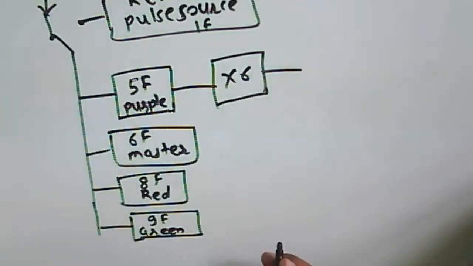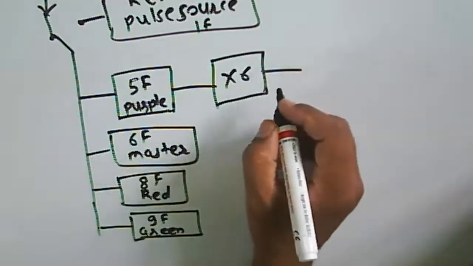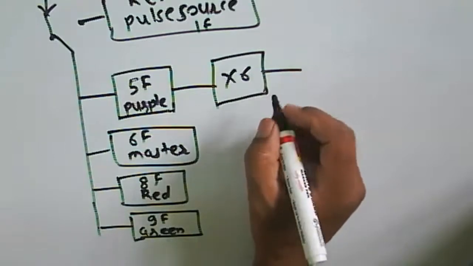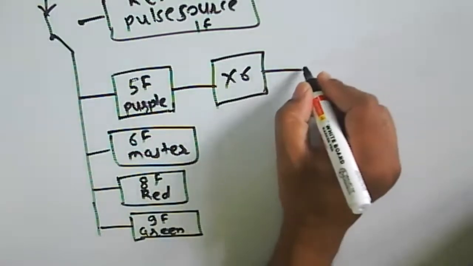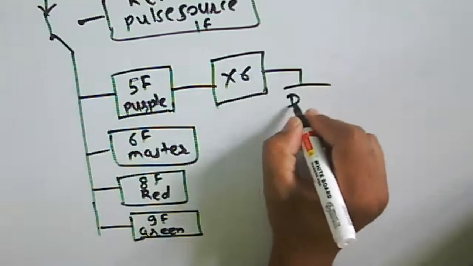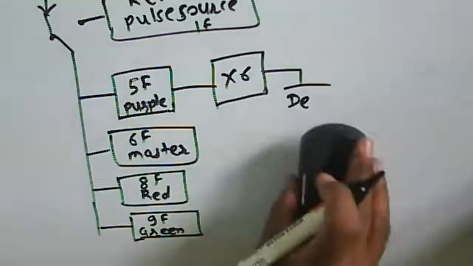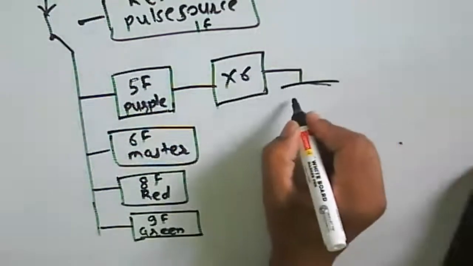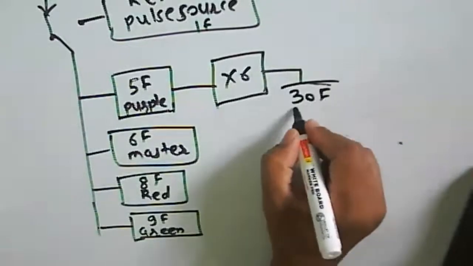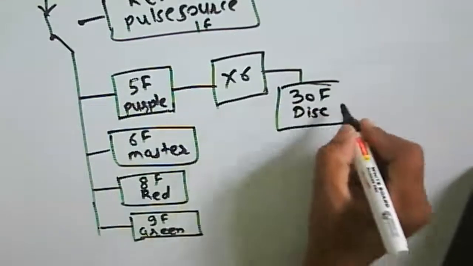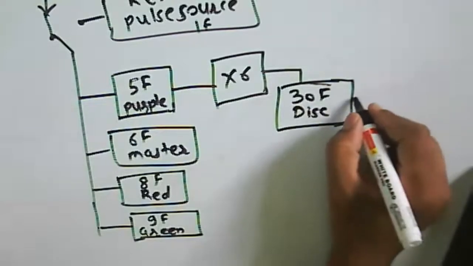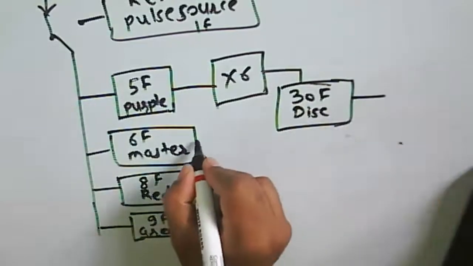The output of this frequency multiplier, x6 here, will be applied to the discriminator. Here we have a 30F discriminator, and that will be given to it because we have the master.